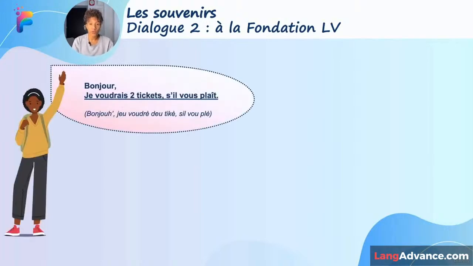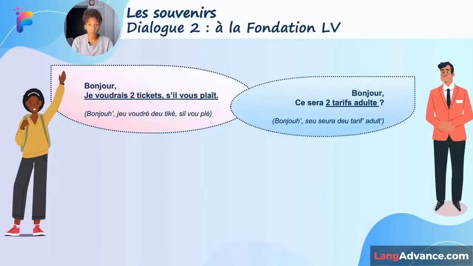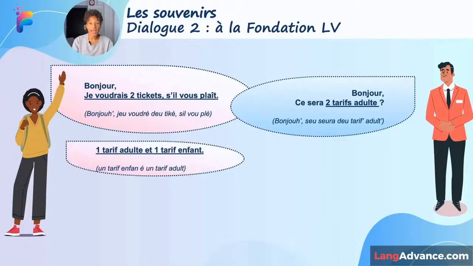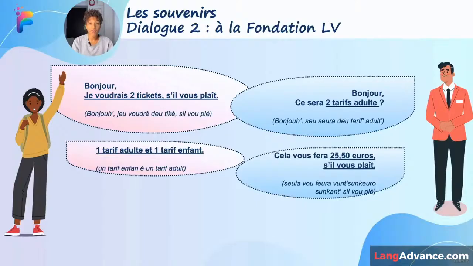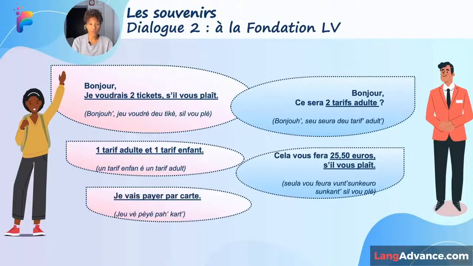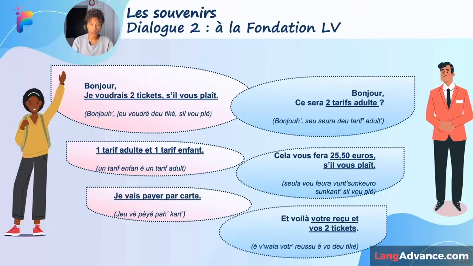Bonjour, je voudrais 2 tickets s'il vous plaît. Bonjour, ce sera 2 tarifs adultes, un tarif adulte et un tarif enfant. Cela vous fera 25,50 € s'il vous plaît. Je vais payer par carte. Et voilà votre reçu et vos 2 tickets.